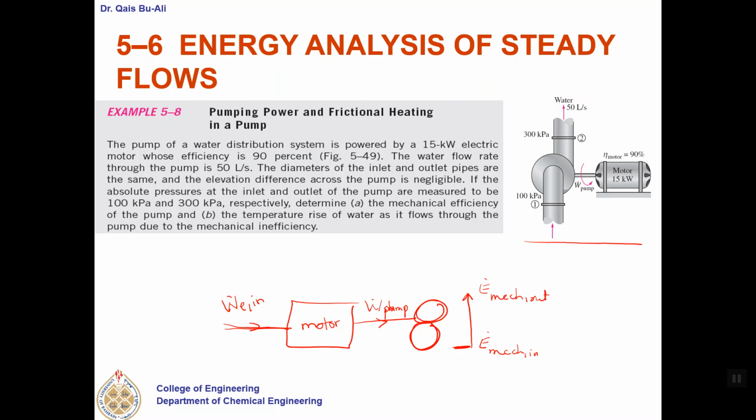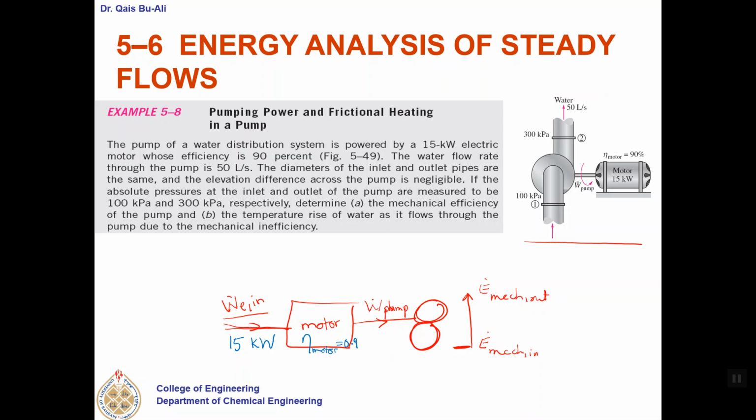It's powered by a 15 kilowatt electrical motor. So I can say that W, and let me change the color, is 15 kilowatt, which is W_EN, electricity in, and the motor whose efficiency is 90%. So the efficiency of the motor is 0.9.